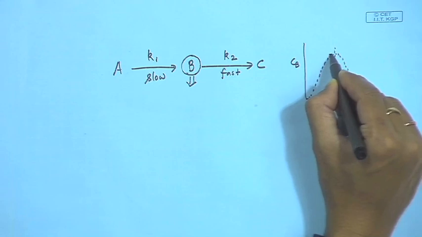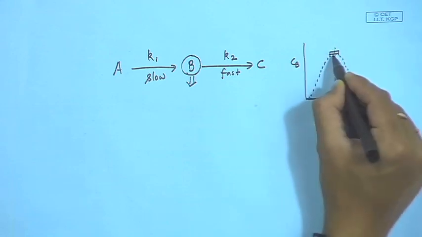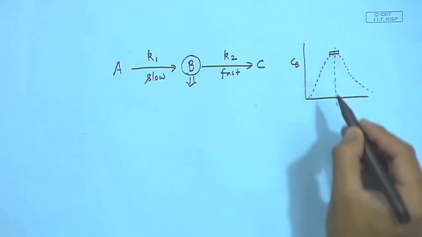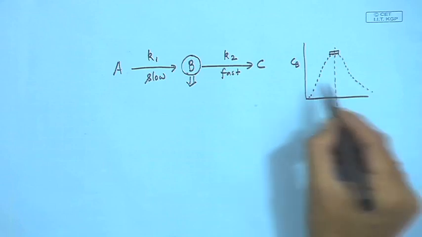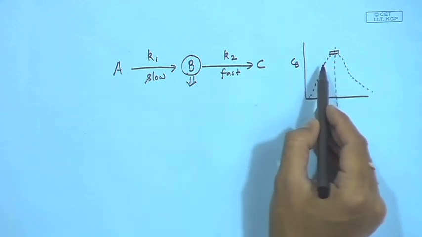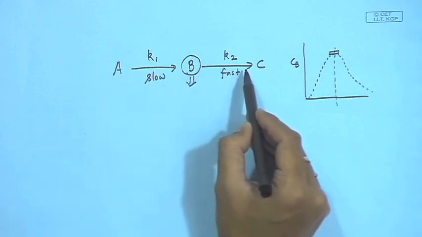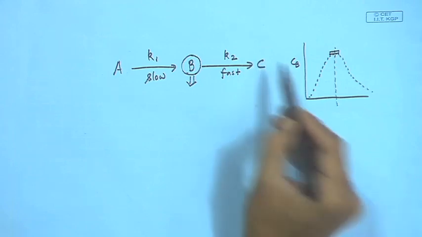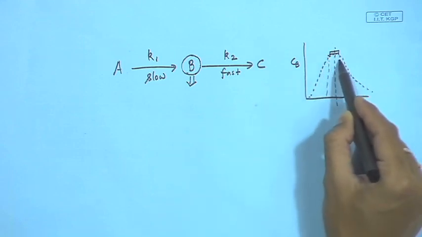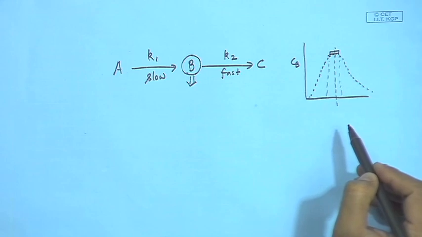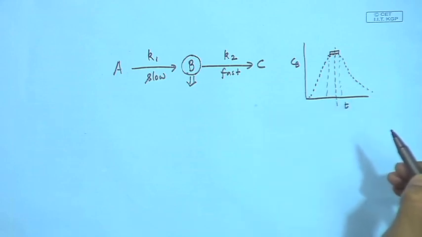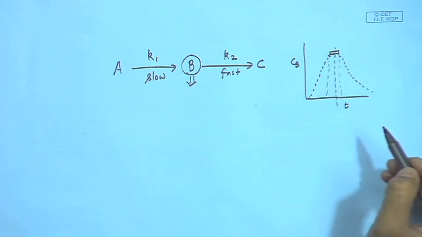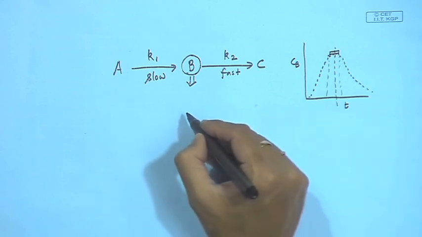In the vicinity of this time, the concentration of B is not changing a lot. So, for this period of time you may think that the concentration of B is not changing, although if you think of the whole time course, at the end the reaction product is primarily composed of C. But for a certain period of time the concentration of B remains constant, steady with time. That is called the steady state approximation.